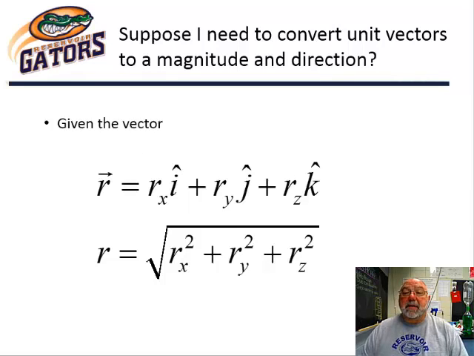Now, I mentioned how do you convert your unit vectors to a magnitude and direction in 2 dimensions. This is what you would do in 3 dimensions. It looks like Pythagoras. It's the sum of the squares of the components. Take the square root of that sum. The angle is a little bit more challenging, and it depends upon what coordinate system you want to report the angle in.